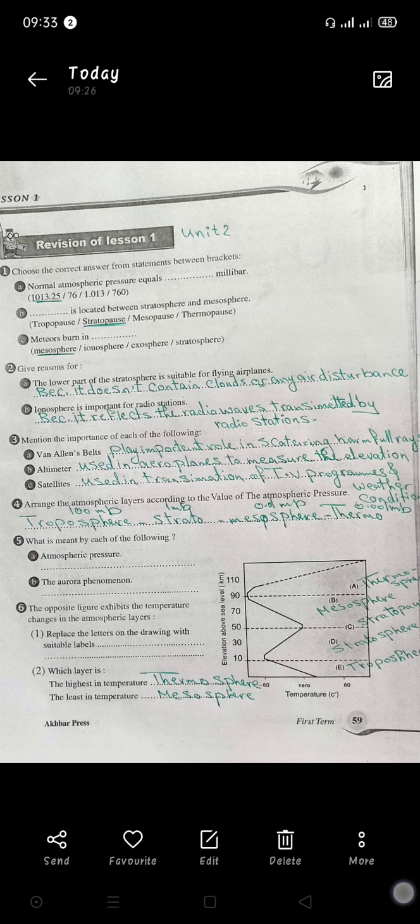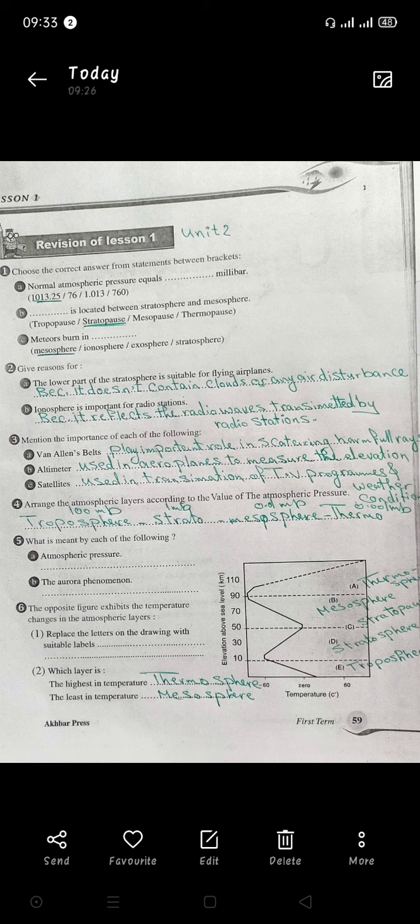Let's move to question number 5, which asks what is meant by point A, atmospheric pressure. We know that the atmospheric pressure is the weight of the air column of the atmosphere on a unit area equal to 1 meter square.